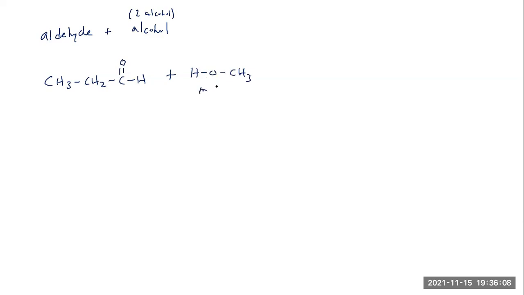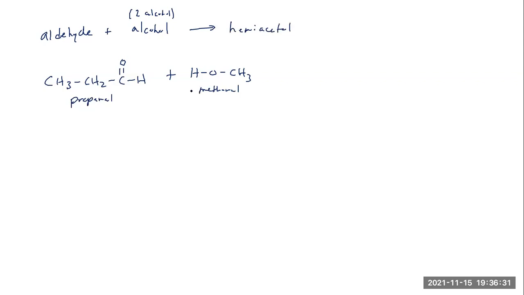So basically methanol and 1, 2, 3 propanol in this case. So when you take an aldehyde and you add an alcohol to it, they will come together to make something that is known as a hemiacetal.